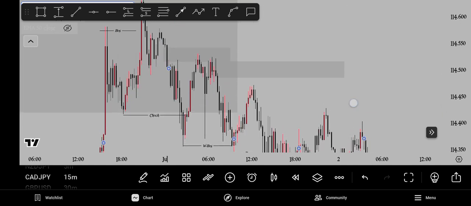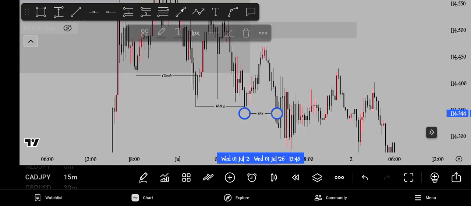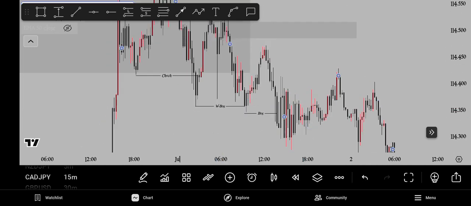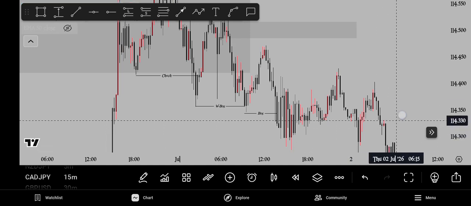So this was where, before this structure formed, this break of structure formed. No, when this break of structure was forming. So this was the POI.